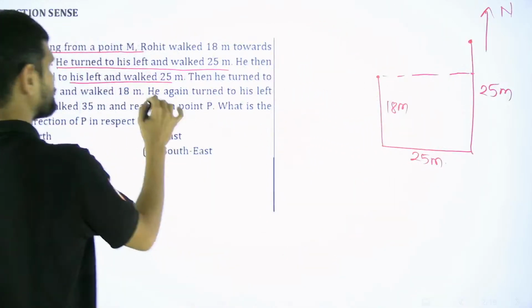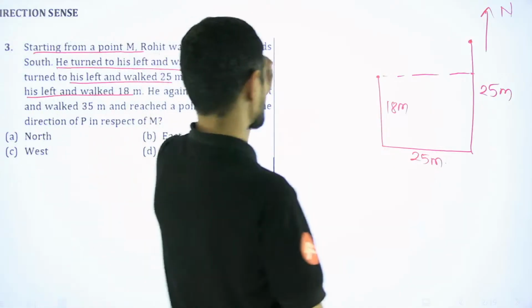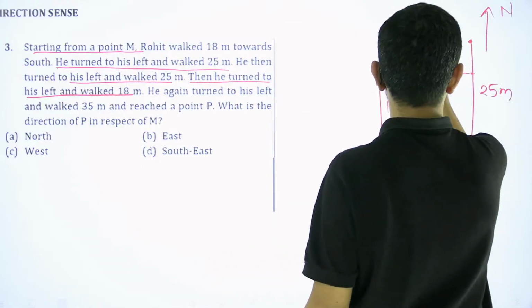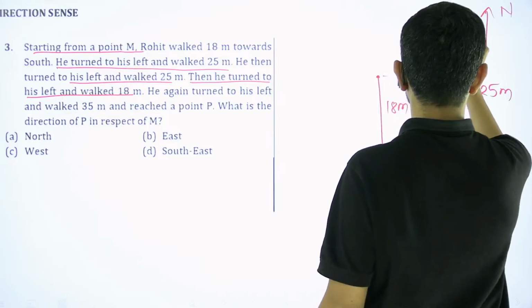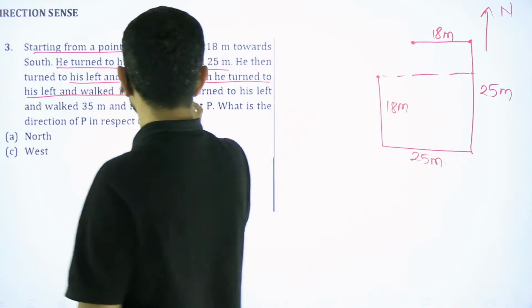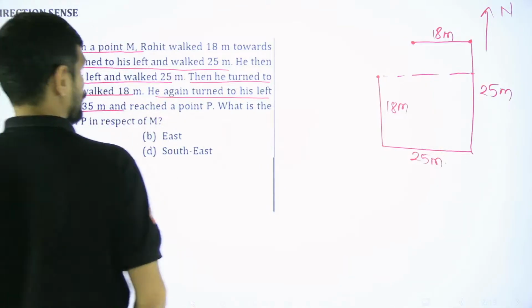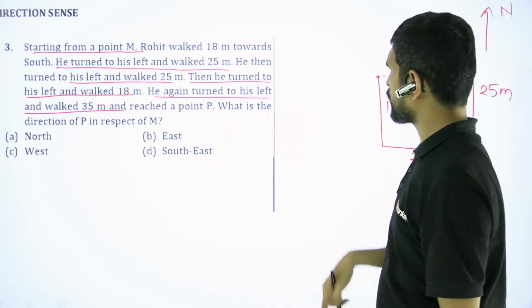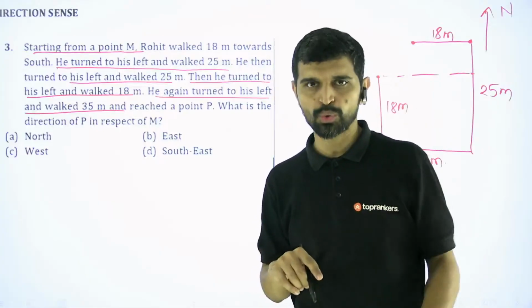After that, he turned to his left and walked 18. Facing north, turning left is going west, and he walks 18 this time. So this is 18. All right. And then he again turned to his left and walked 35. Facing west and turning left will make Rohit go towards south.